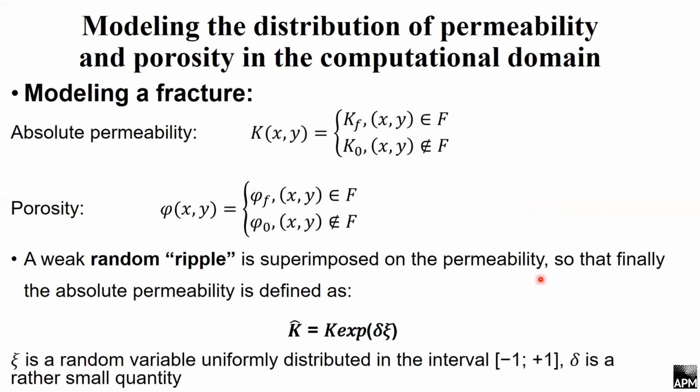As was mentioned, the fracture is modeled as a zone with increased permeability and porosity. It is also worth noting that permeability has a random ripple which provokes the onset of instability.